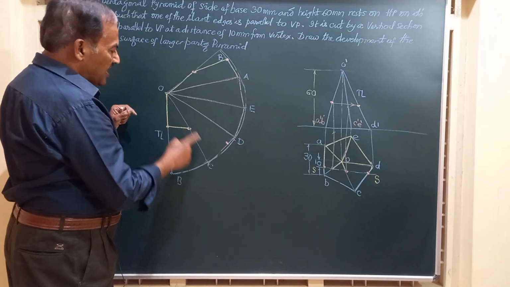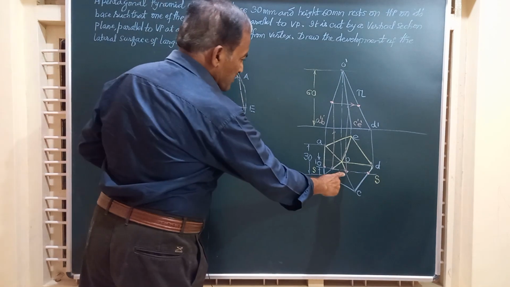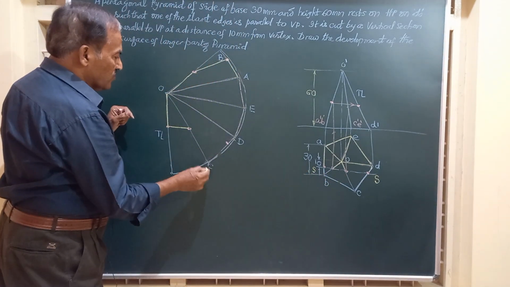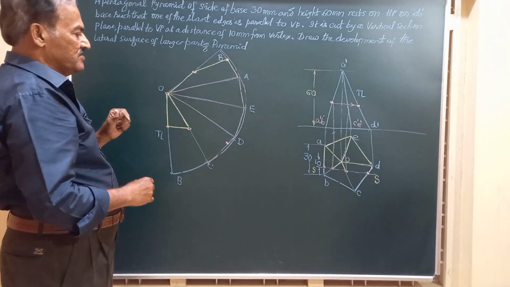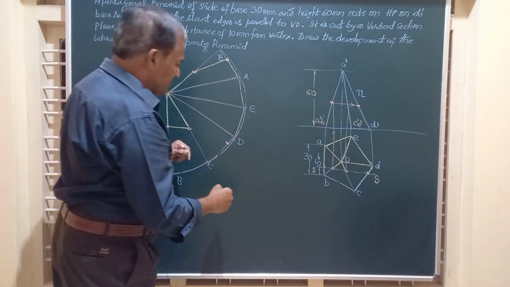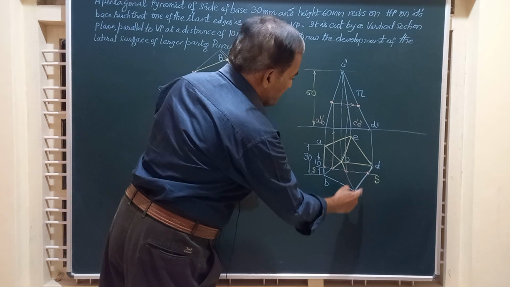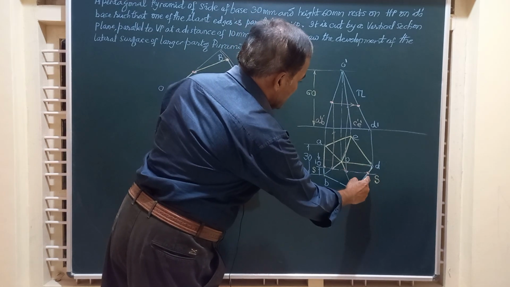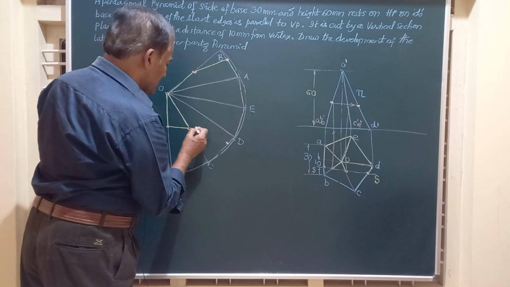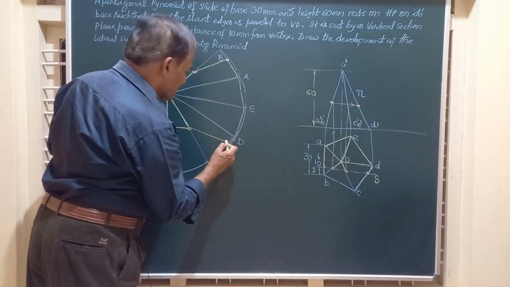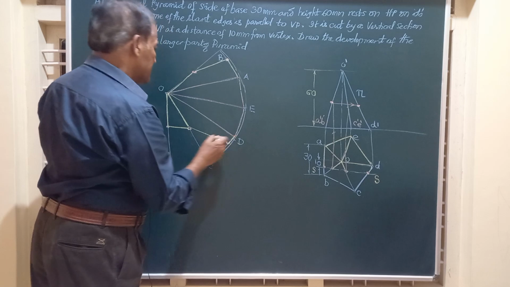The portion on OC below that point is removed. So this has to exist, darken this portion. Then friends, on DC nearer to D, that point is there, join that also by a straight line and this portion is retained.